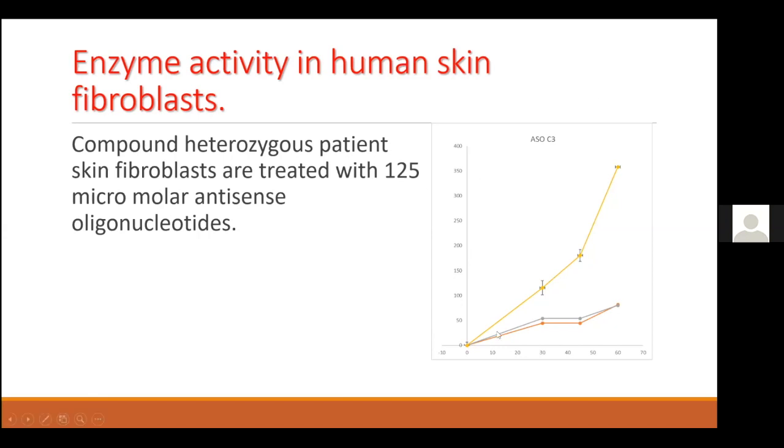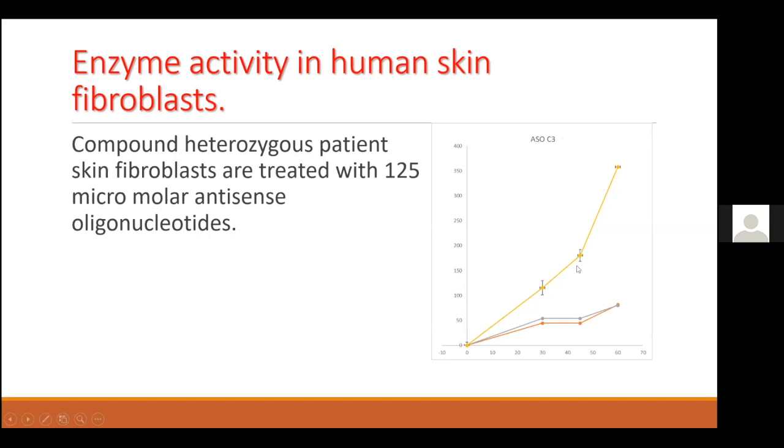As you see on this graph, similar to the mouse model, I treated the patient fibroblasts with the antisense oligonucleotide, and it significantly increased the enzyme activity compared to the untreated controls and to cells treated with antisense oligonucleotides that don't really target the area that we want. I don't show the control here, but this increase is more than double of this activity. The curve is going further up.